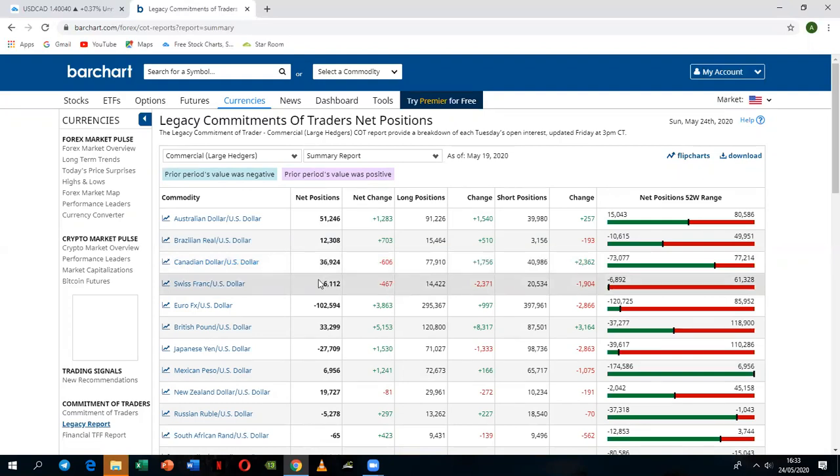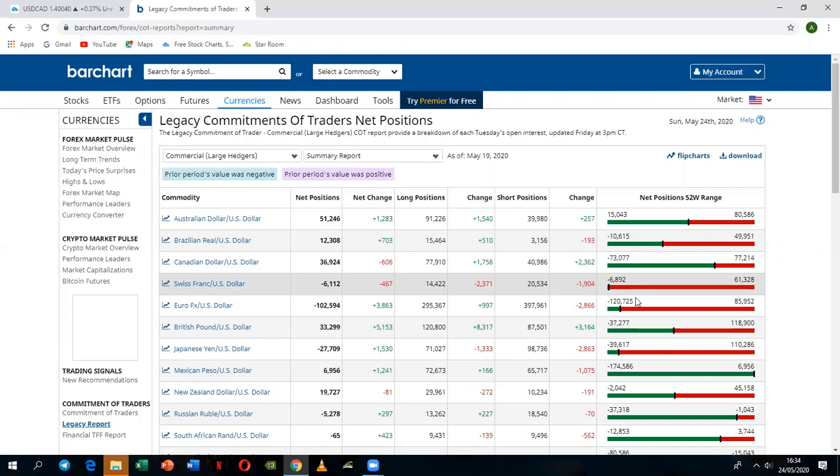Then we have the CHF USD, the Swiss franc, which is the CHF against the USD. Look at this, this is very important. This is where you start noting down, before you go into the next week. Just look at the numbers.